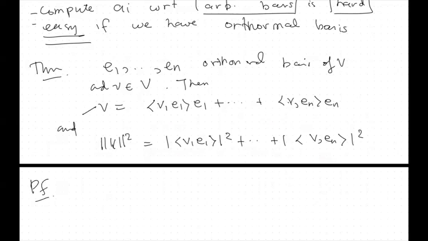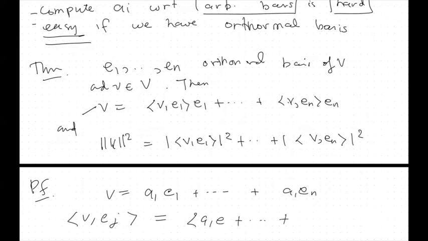We will prove the first statement here. Proof. We will write v as a1 e1 plus up to an en, a linear combination of the orthonormal basis of V. Because this is orthonormal, if we take the inner product of v with e_j, we get a1 e1 plus up to an en, inner product with e_j.